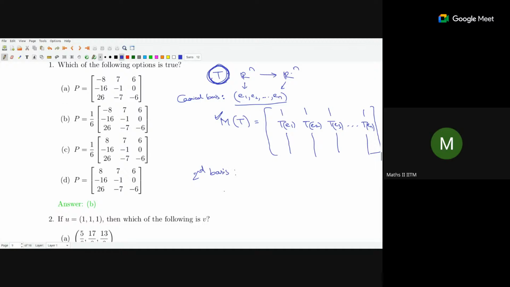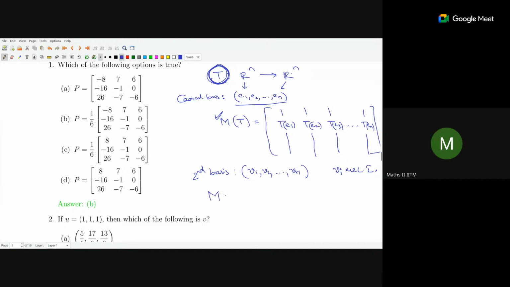For it to be a basis, the vectors should be linearly independent, and I should have n vectors. That's it. So I will have v1, v2, ..., vn as my second basis, where all these vi's are linearly independent.